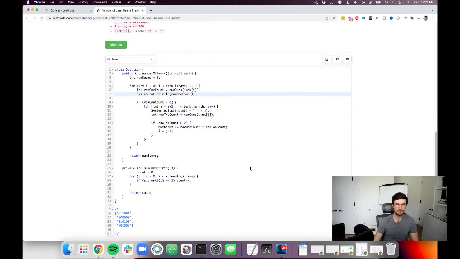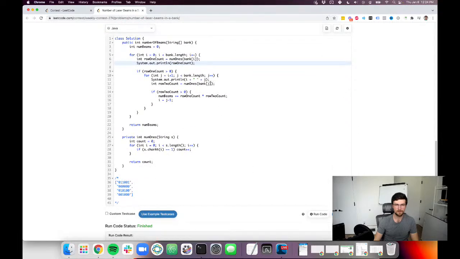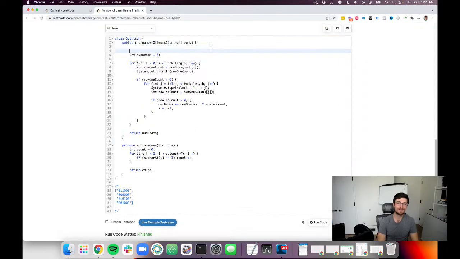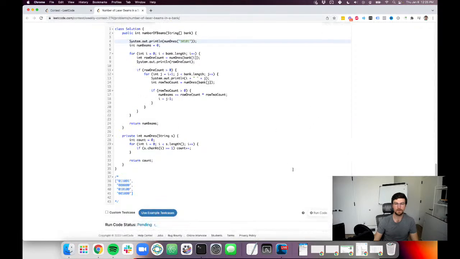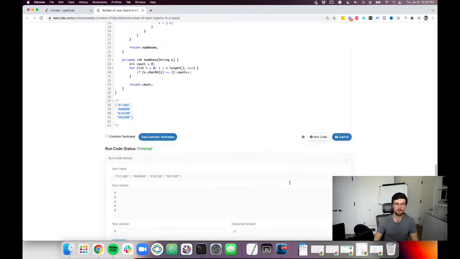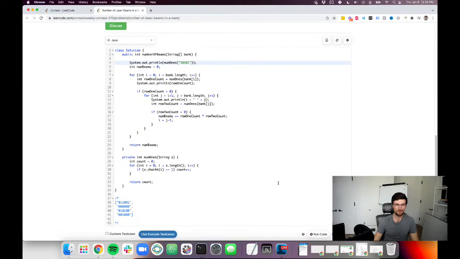All right, so why is this? Obviously this is not working properly. Let's just try that. I mean, it seems silly, but so why is that not working?